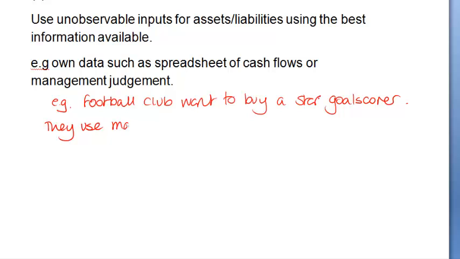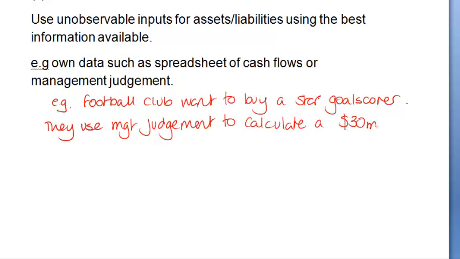They use management judgment to calculate a £30 million or $30 million price. But that management judgment is the opinion of 1 person, 2 person, 5 persons. It's the least reliable.